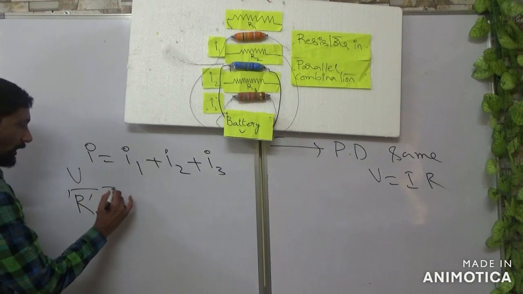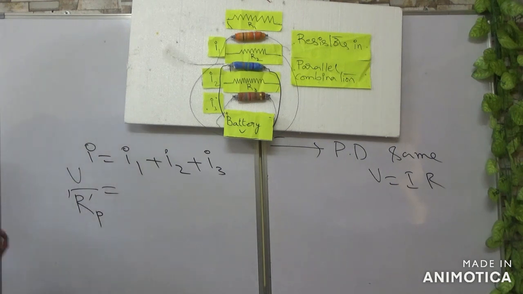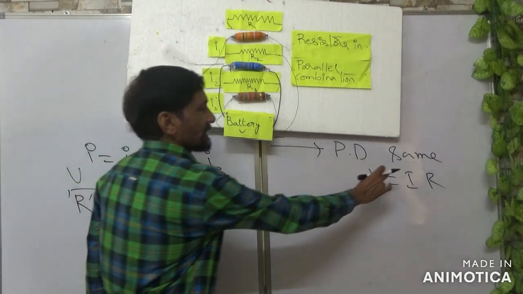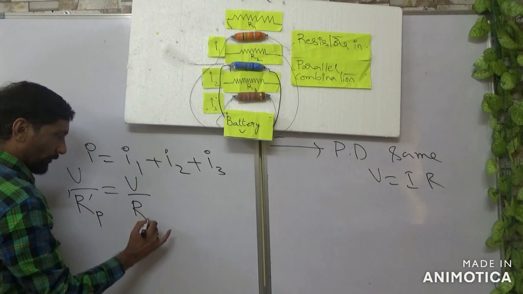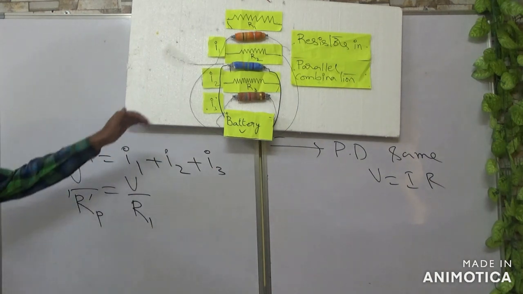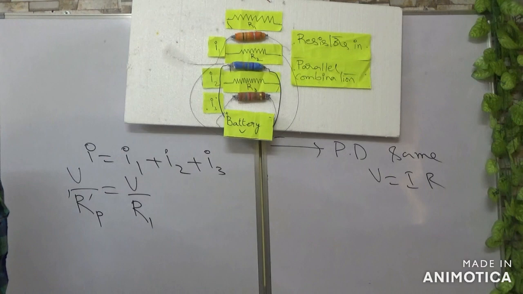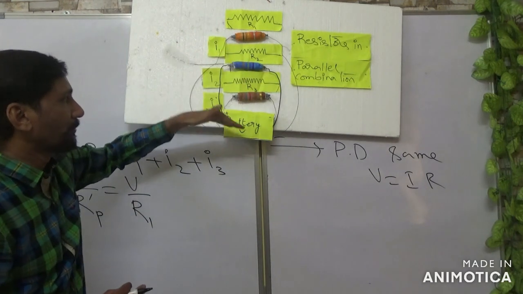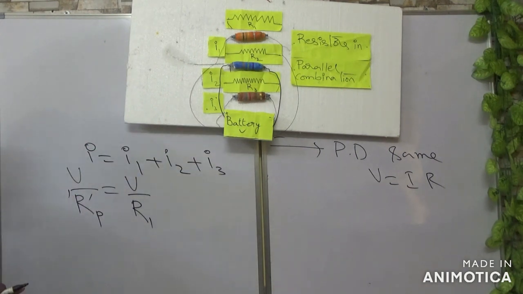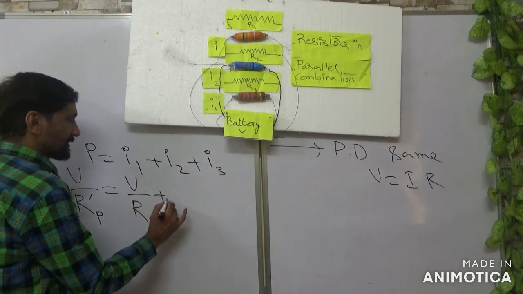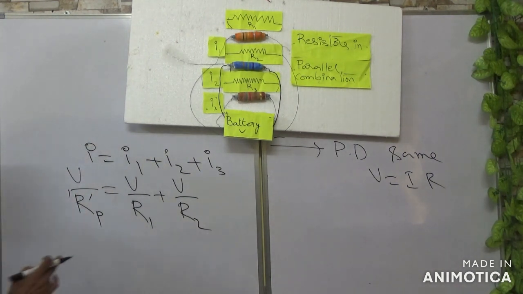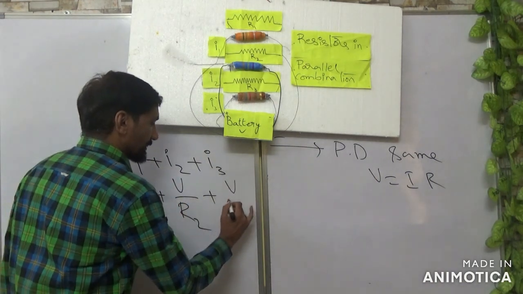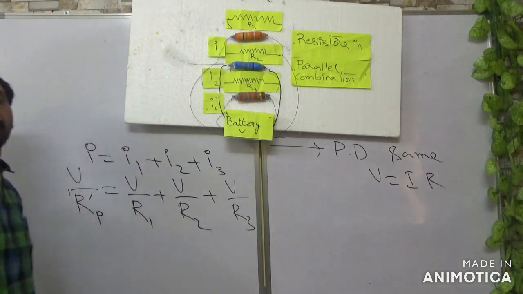So I equals I1 plus I2 plus I3. I is V by R, so V by R1. Why V by R1? Because the resistors are joined in parallel combination, and V remains same. So V by R1 plus V by R2 plus V by R3.